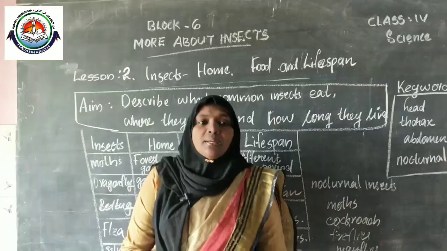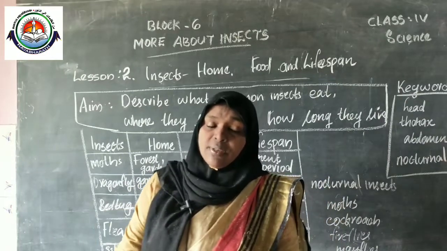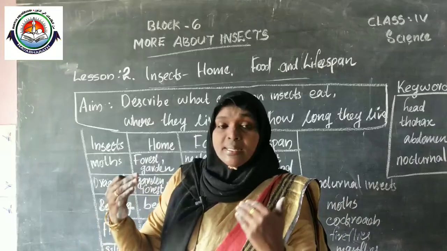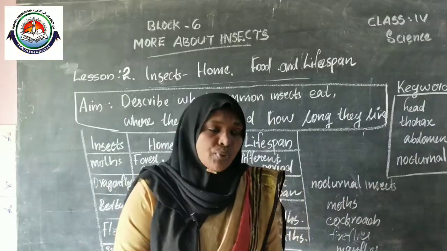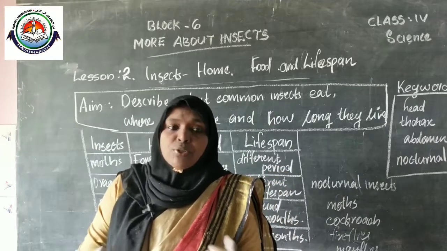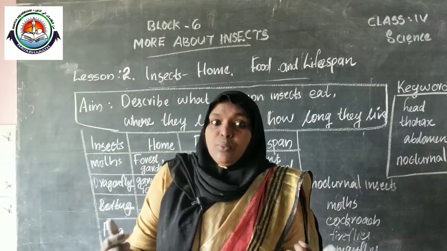Then children, we discussed that some insects harm us, like silverfish, bedbug, flea, but others like dragonflies are useful to us because they eat mosquitoes.